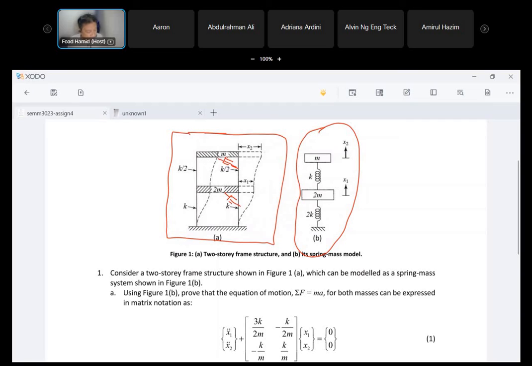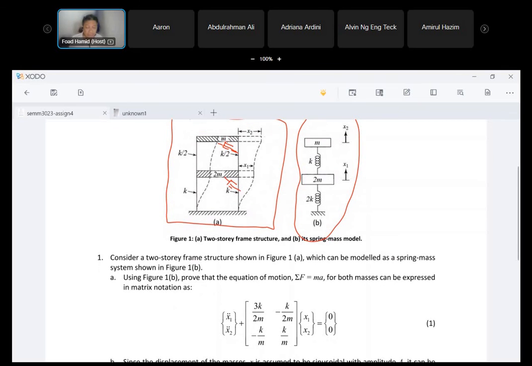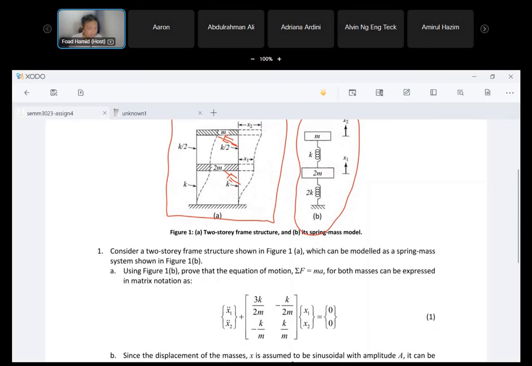Then we have this mass spring damper. That becomes more difficult, so I do not want to do that. This is just a mass and spring problem.